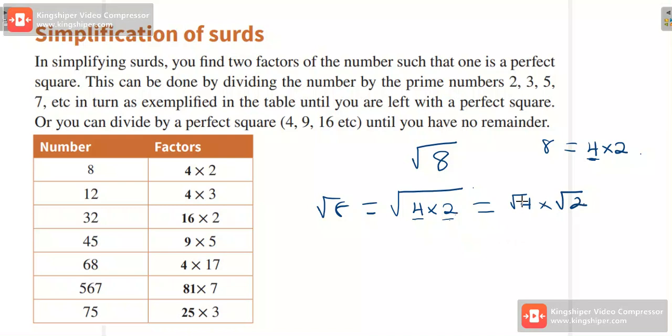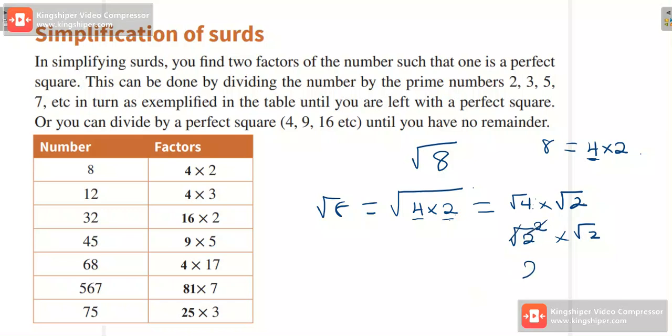But we know that 4 is a perfect square, and root of a perfect square is just the number, because 4 is the same as 2 squared, times root of 2. And we saw that the square root always cancels the square.